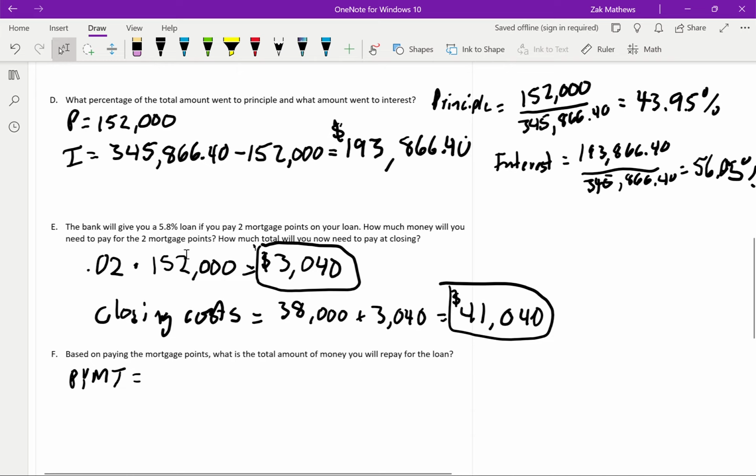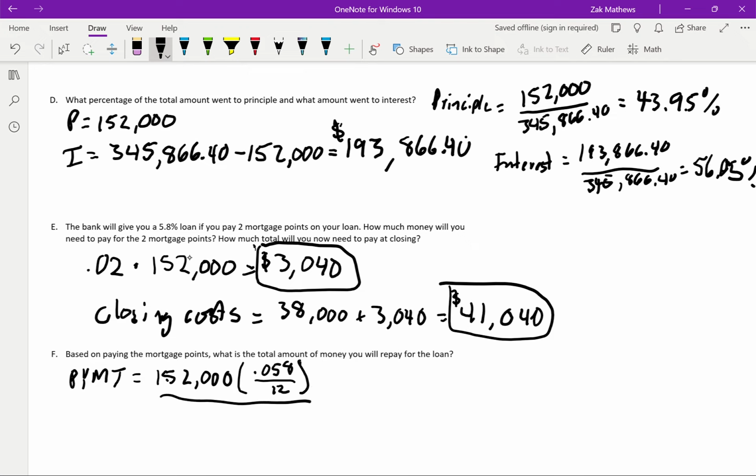So we'll have the 152,000 times 0.058 over still 12, still monthly payments, divided by 1 minus 1 plus 0.058 divided by 12 to the negative 12 times 30.